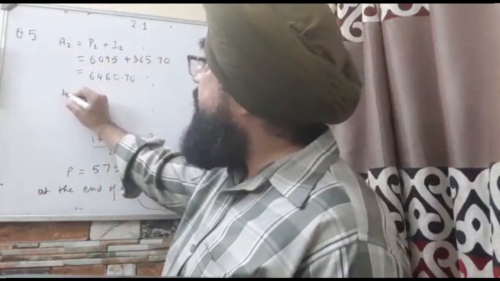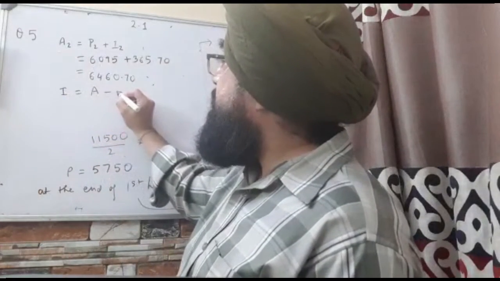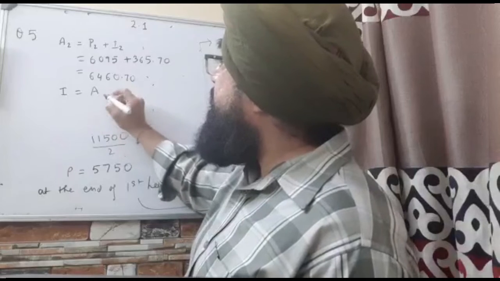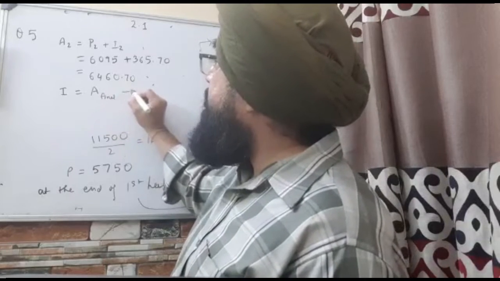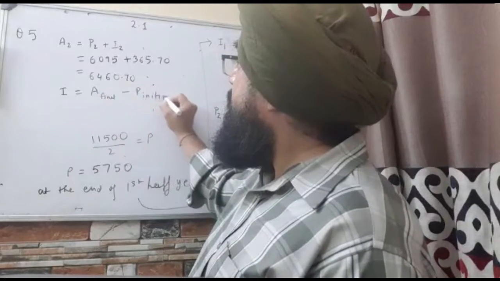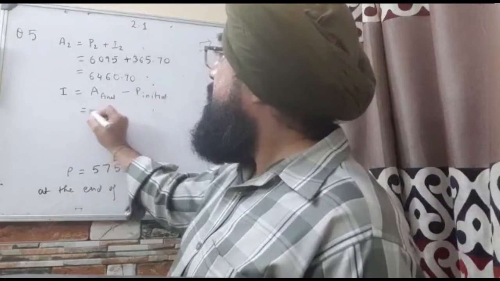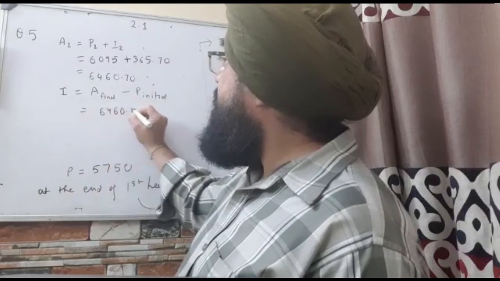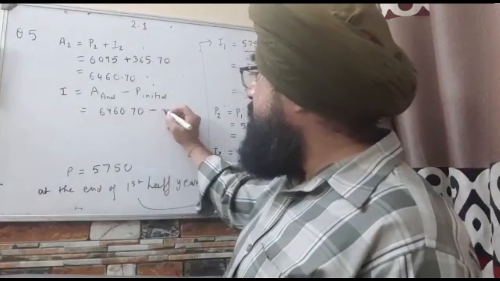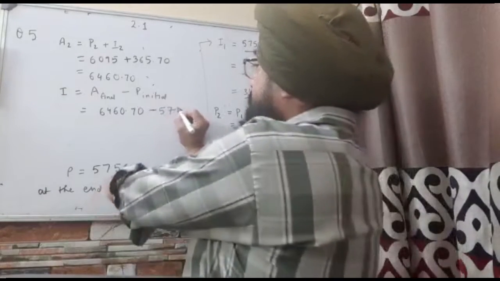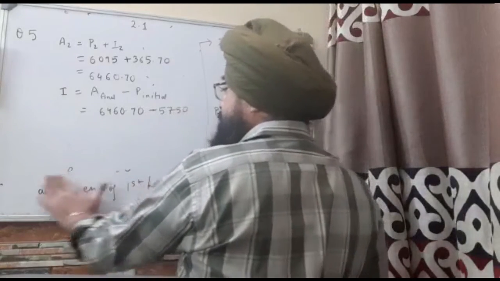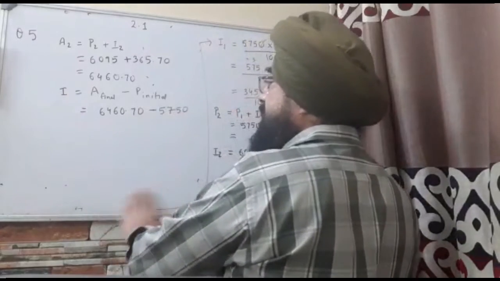And therefore the interest is nothing but A minus P, that is A which is final, minus P which is initial, and that is equal to 6460.70 minus initial P was 5750, and that will become how much? Let me calculate for you.